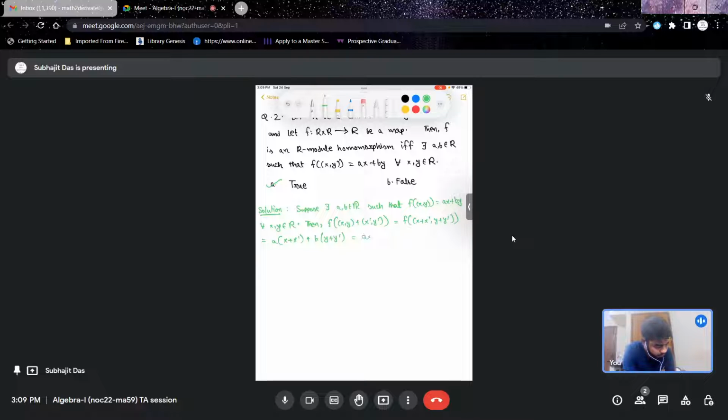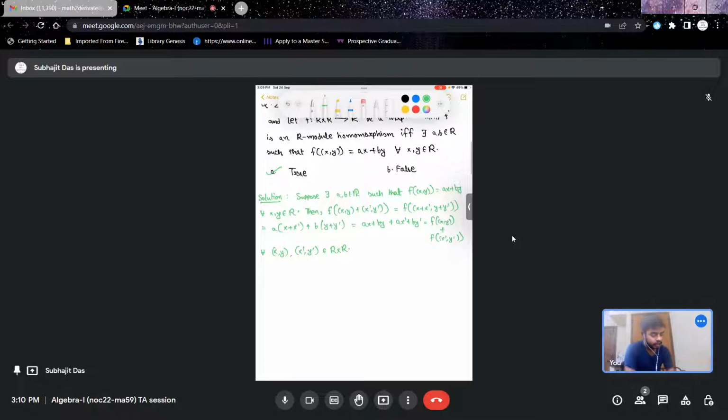So this is ax plus by plus ax prime plus by prime, which is just f of xy plus f of x prime comma y prime for all xy comma x prime y prime in R cross R. So clearly F preserves the addition of R cross R.